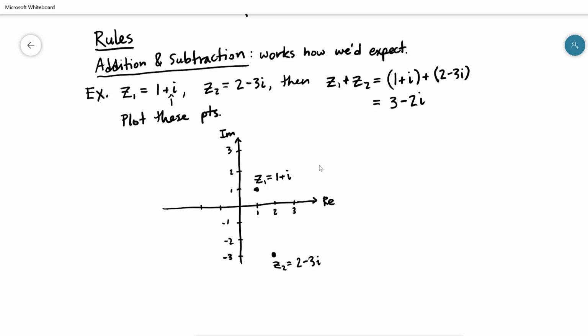And if we add them, this had a plus 1 in the real direction, this had 2 in the real direction, so I'll wind up going 3 in the real direction. This was 1 in the imaginary direction, this was negative 3 in the imaginary direction. That 1 minus the 3 will lead to a negative 2. We'll wind up at this point right over here. Here is z1 plus z2. We just add the real distances together, add the imaginary distances together, and that's what it winds up looking like.